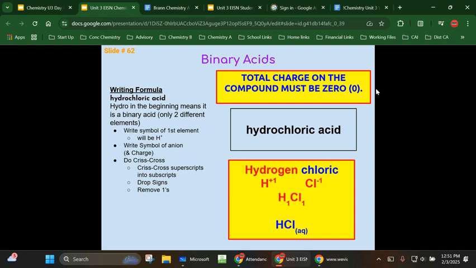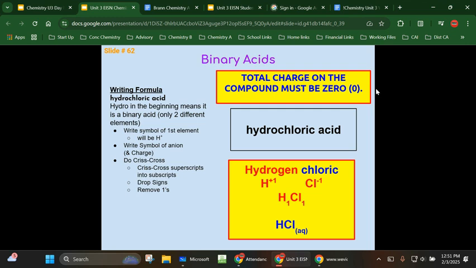Now you will see this very shortly, ladies and gentlemen. Hydrogen can only ever be a plus 1. What can the charges of your nonmetal be? -1 to -5. And guess what? Whatever this charge is, that's the number that's going to end up by the hydrogen.